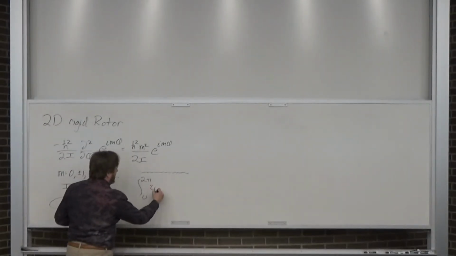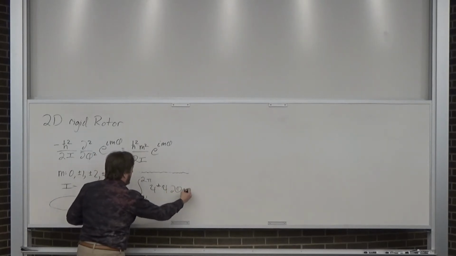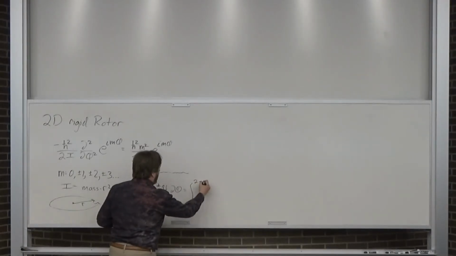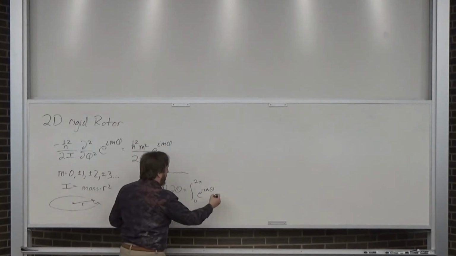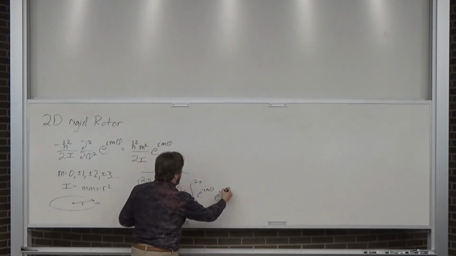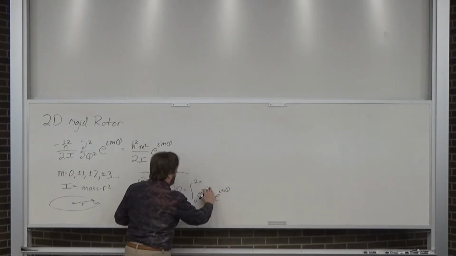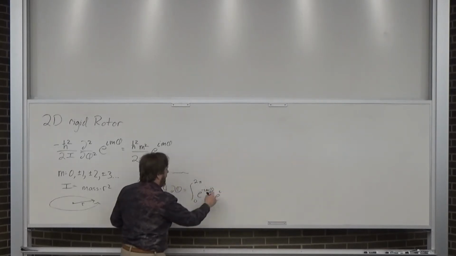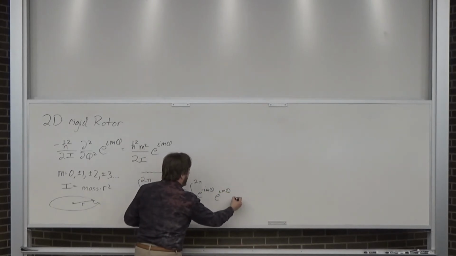Wave function, complex conjugate wave function is easily going to be, I'll write it all out, e to the minus i m phi, e to the i m phi. Remember, m can be negative, but that doesn't mean you put in a minus sign. If m is negative, it's hiding that within itself.